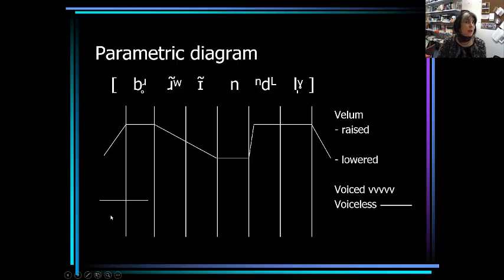We don't want to have a big gap there because that would indicate that it was aspirated, that the voice onset time was delayed enough to indicate an aspirated plosive, and we don't have one of those here. So we're going to show a period of voicelessness, and then for the rest of the word the whole thing is voiced, so we can indicate that, and then at the end of the production the vocal folds open again for normal breathing.